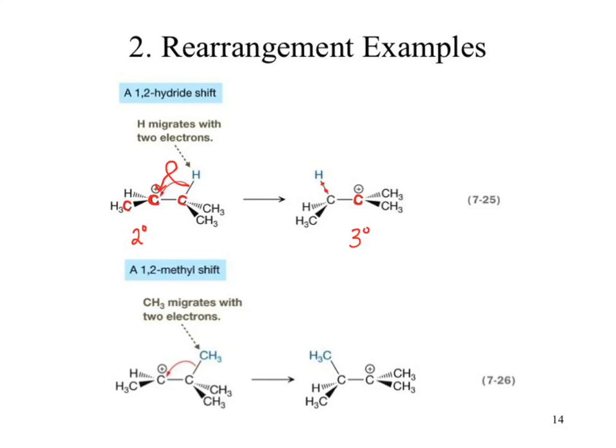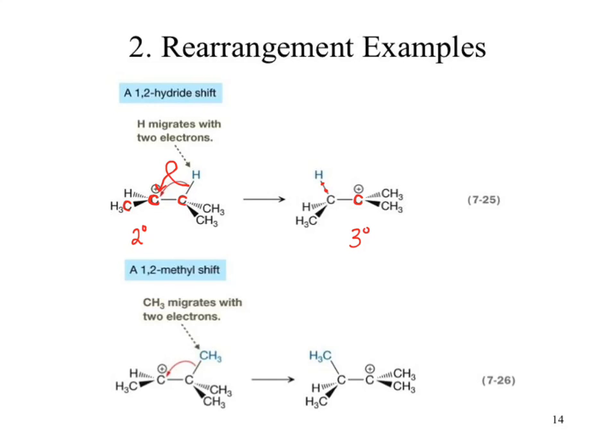Okay? Does it have to be a hydride? No. Does it have to be a methyl? No. It can be pretty much anything can shift. Okay? But the 2 most common ones are hydride shifts and methyl shifts. Why do we not call them hydrogen shifts? Because it's negatively charged.